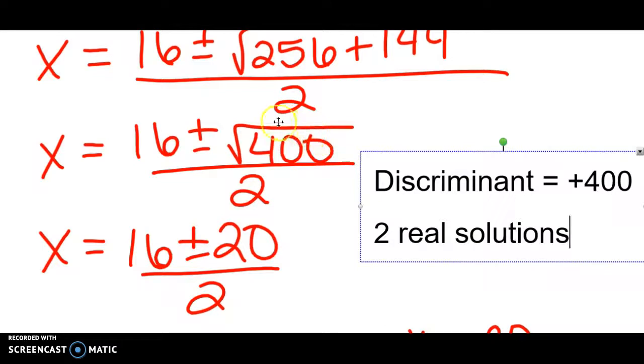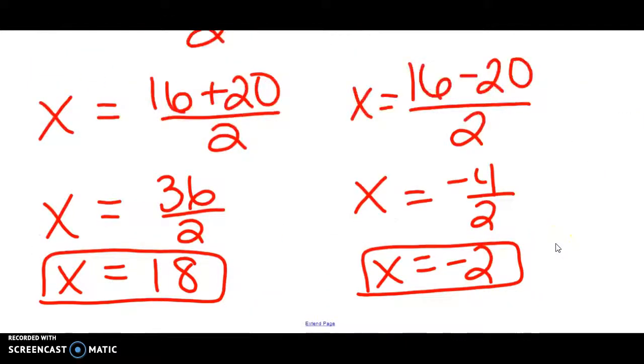Again, if we go back and look at our discriminant, the value under the radical, b squared minus 4ac, is a positive 400. So if we have a positive number under the radical, we get two real solutions, which we saw when we got the 18 and the negative 2.